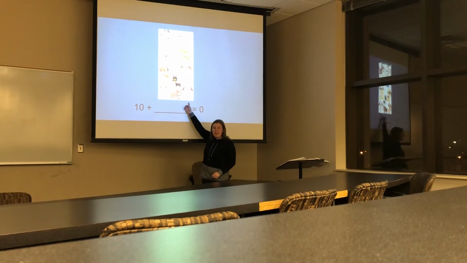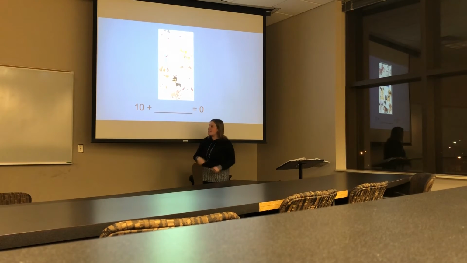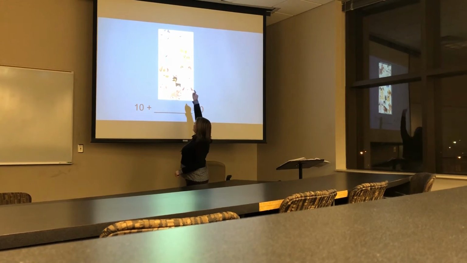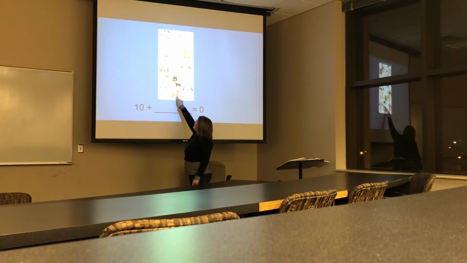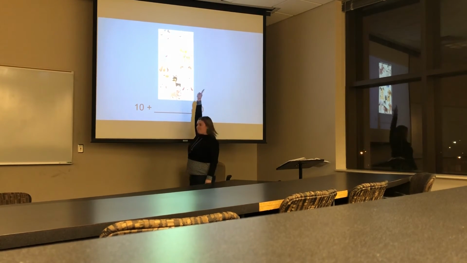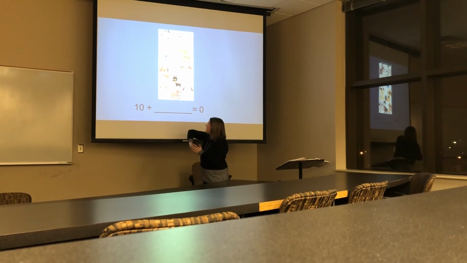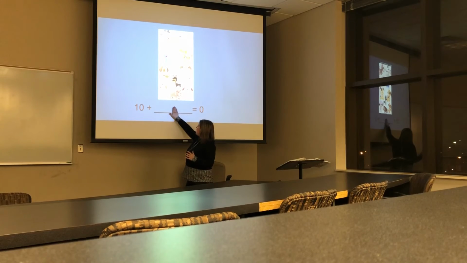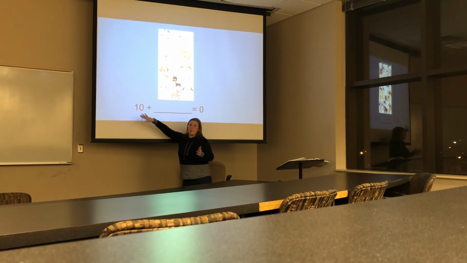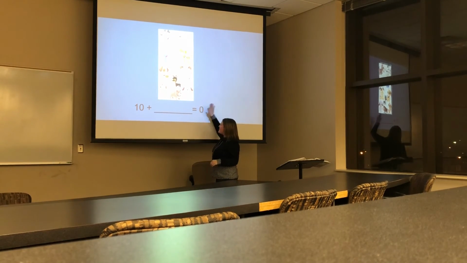Okay, we're going to move on and look at one more final example. Okay, what do we see up here? Dogs, let's count them together. Okay, ready? 1, 2, 3, 4, 5, 6, 7, 8, 9, 10. So again, we know the additive inverse is going to be the number that we want to take plus 10, which is going to give us a big fat 0.